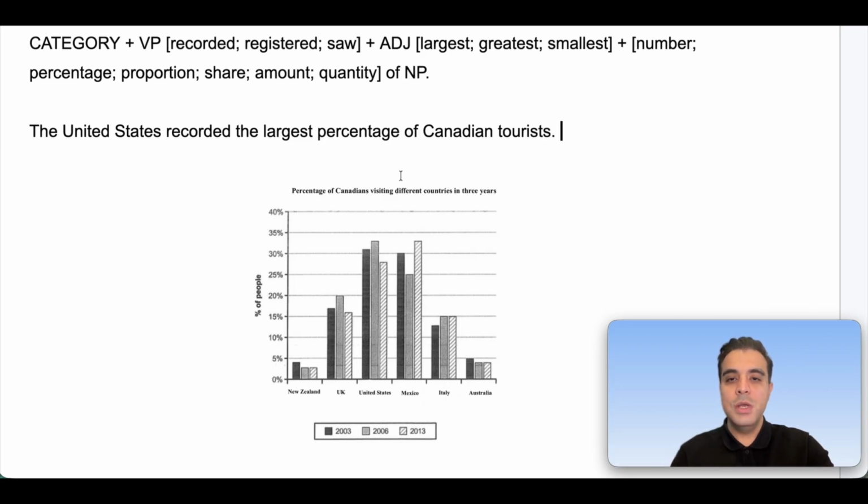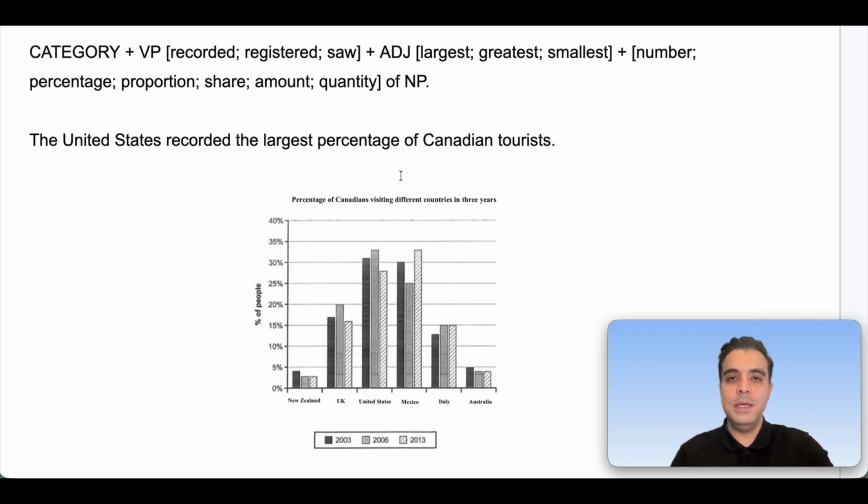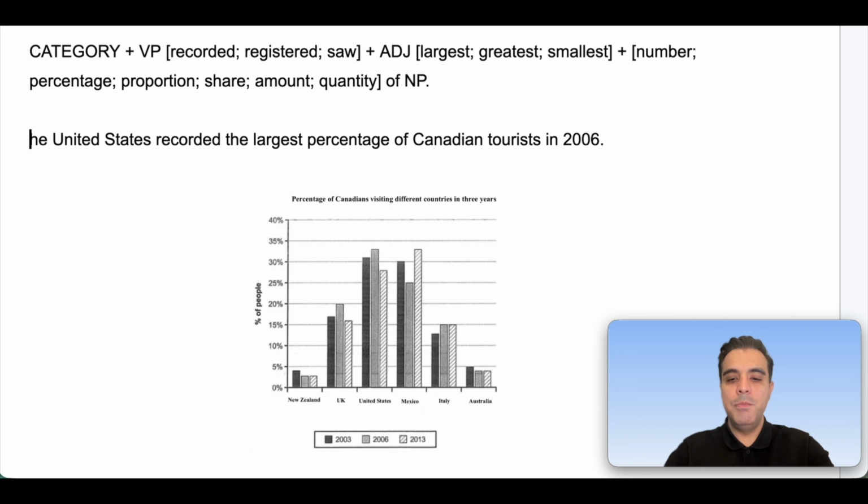Now, of course, we need to add the quantity and also the year. So the year was 2006. So I can either place this here at the end of my sentence, or I could alternatively begin my sentence with the year. So in 2006, the United States recorded the largest percentage of Canadian tourists. But what about the quantity? So the quantity is above 30%, right?